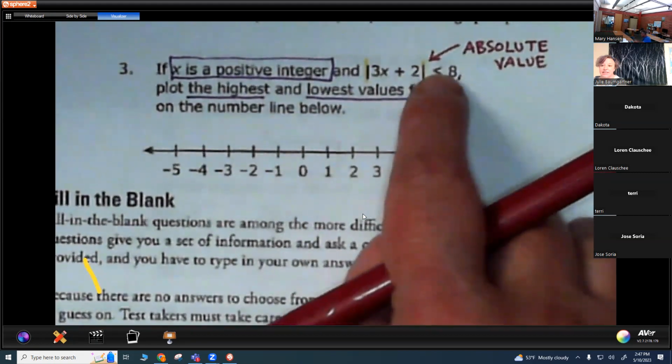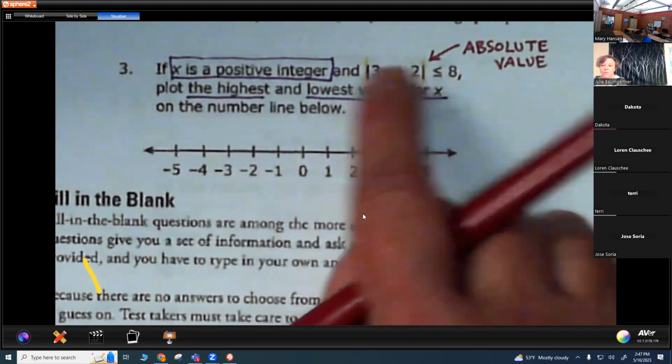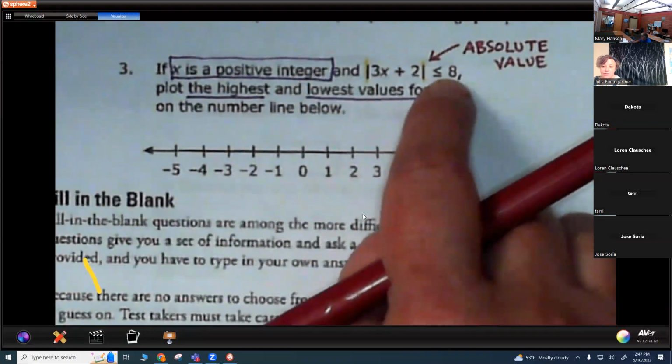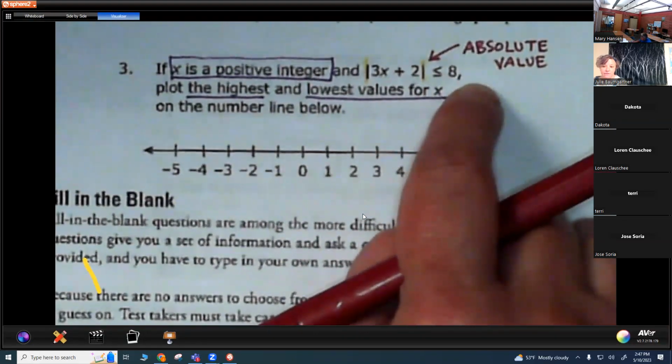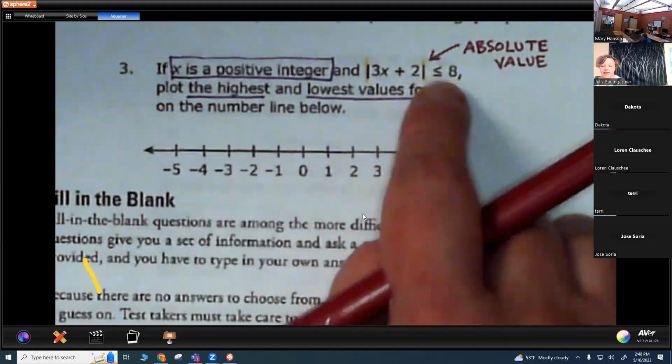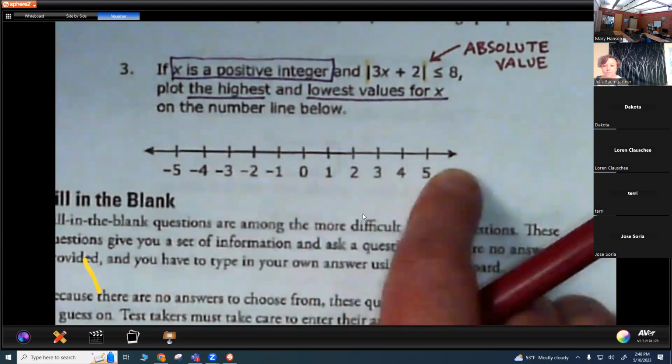Now, this statement's easier to make true because whatever answer we get here should be less than or equal to 8. Okay, so it can equal 8.